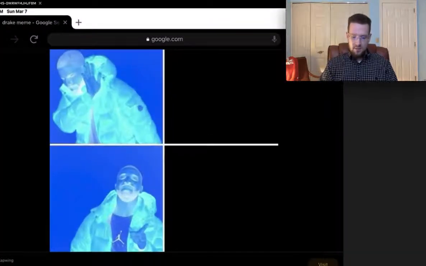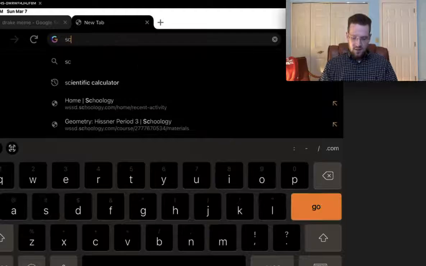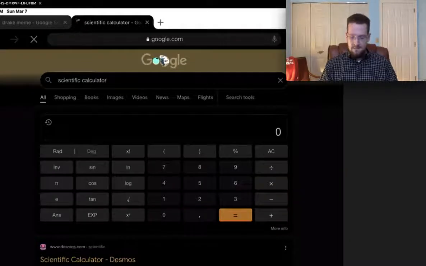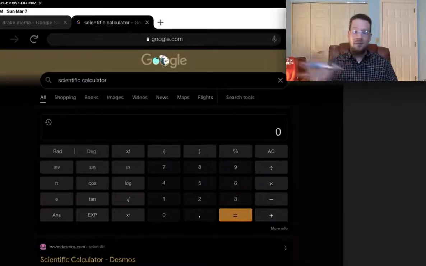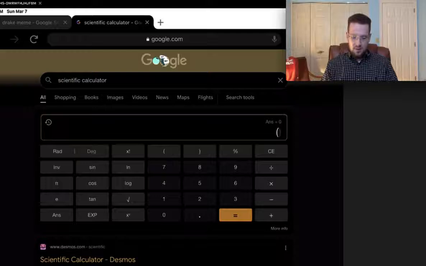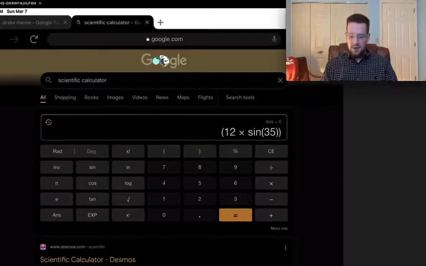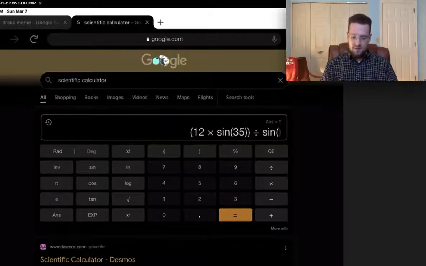So here we go, scientific calculator. All right, so what do I have here? I'm going to put the numerator, the top of the fraction, in parentheses. Oh, radians. Oh, blast.